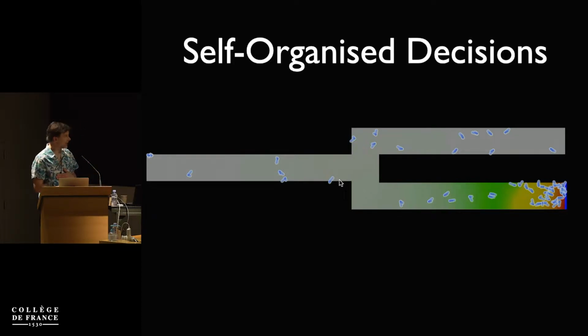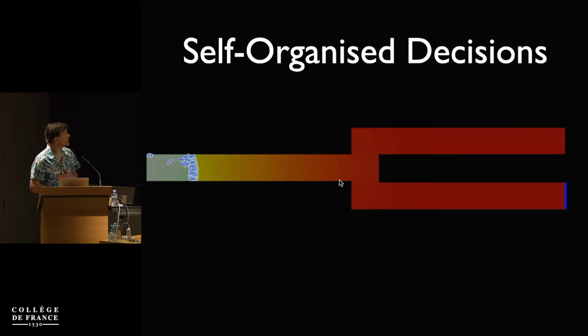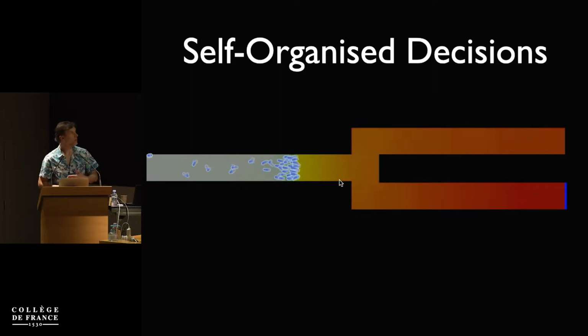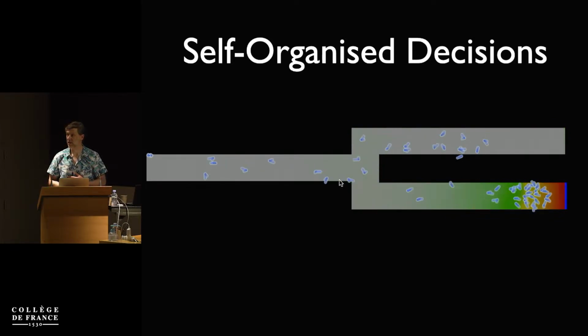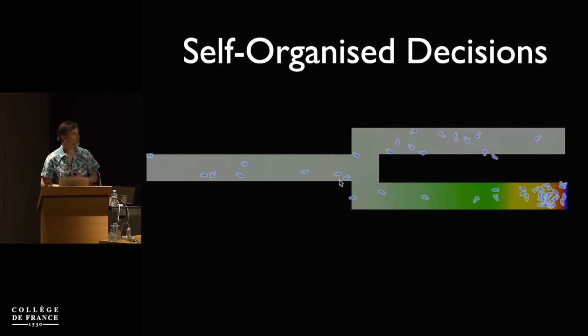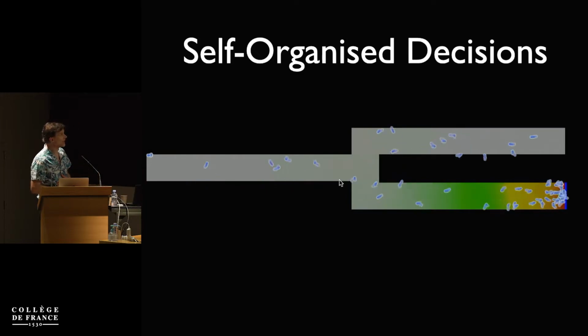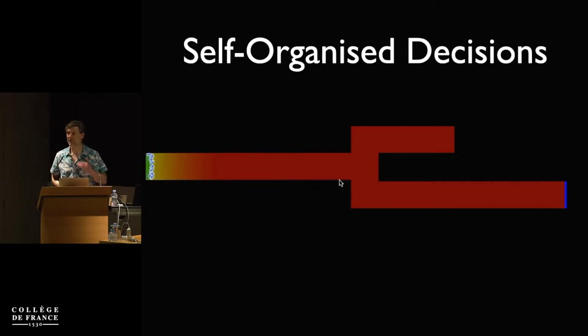So let's show that again, it's nice. So at first, cells go both ways. But then there's nothing left in the top, so they all tend to go to the bottom. That's just the sort of thing that we start seeing happening. Now, what happens if you make the closed branch a little bit shorter? Well, now you see something really interesting.